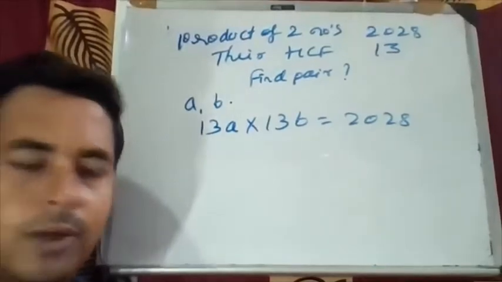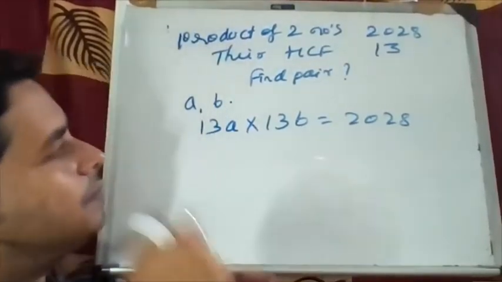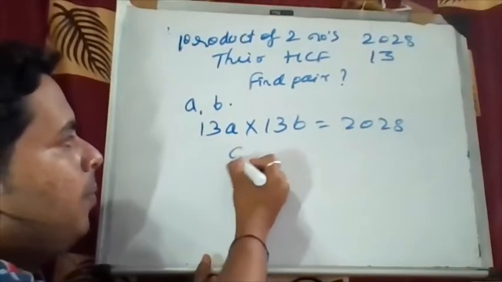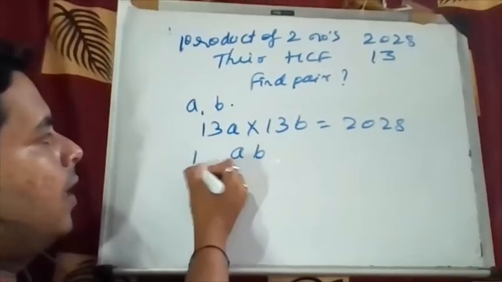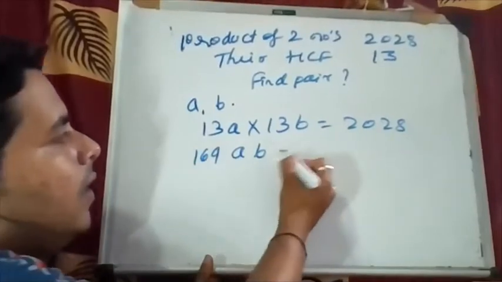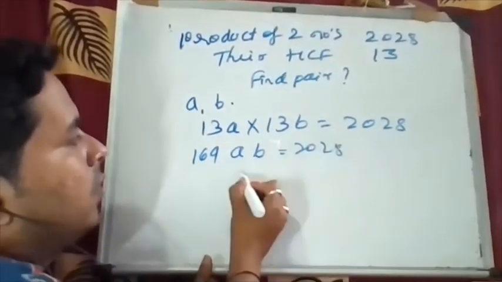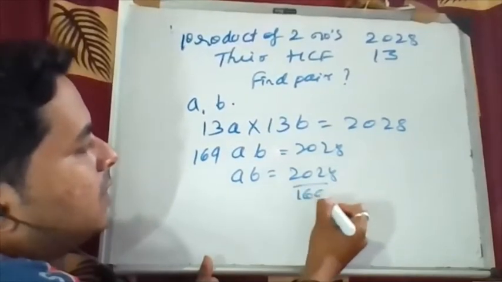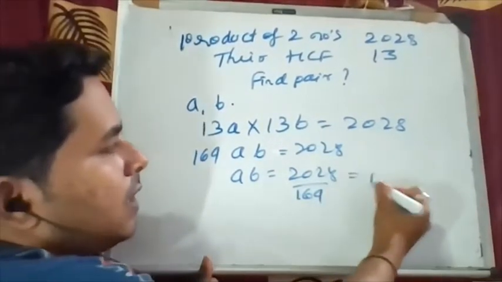Okay, then what I'll do? I'll just take AB here, and here this is 169 and this is 2028. So AB, if I divide 2028 by 169, I will get the answer as 12.